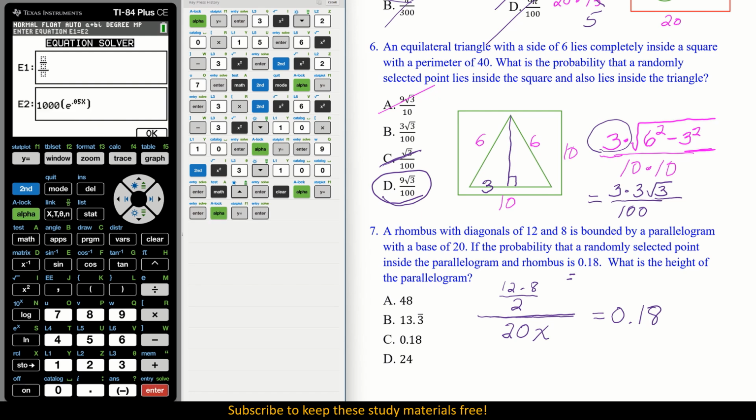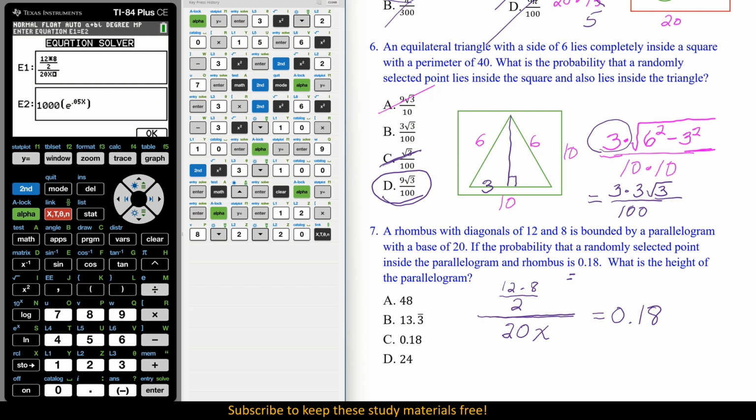Now I have 12 times 8 divided by 2. Then I go down again, and that is going to be 20x. X is the height that I'm looking for. Now, that's all I want. That's my first box. The E1, I always use E1 as the left side of my equal.